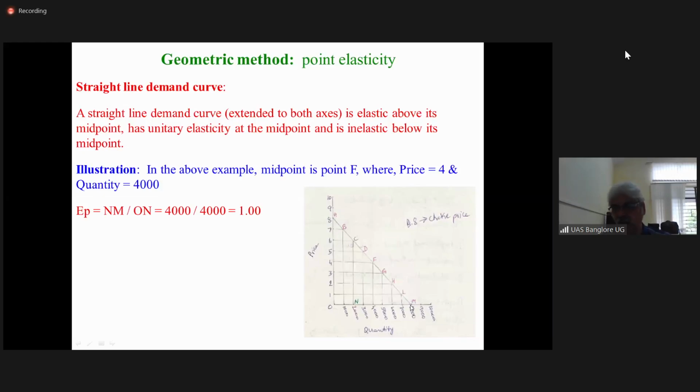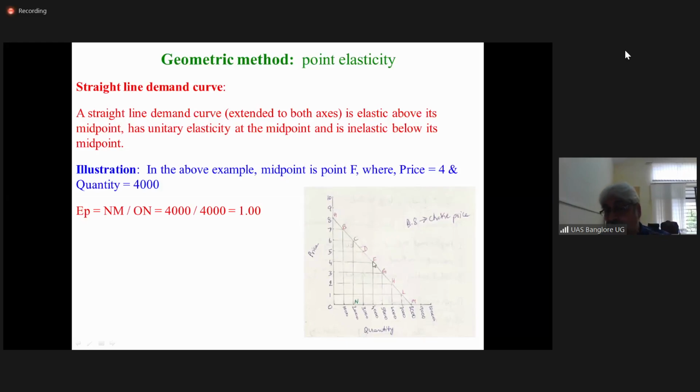If the demand curve is a straight line, then it is elastic above its midpoint. Which is the midpoint here? F. Above F, you have D, C, B, A, 4 points. Below F, you have G, H, L, M, 4 points. So F is the midpoint.